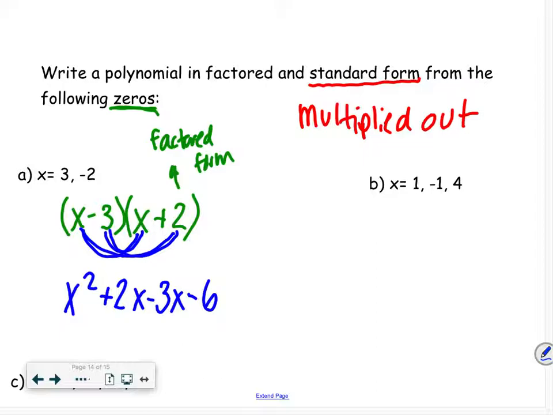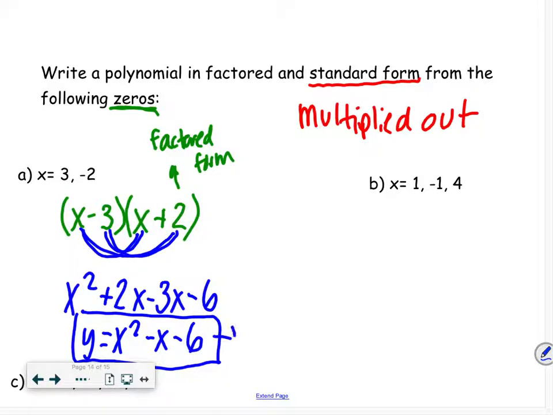Then we combine like terms: x squared minus x minus 6, and throw y equals out. This is standard form. Questions?